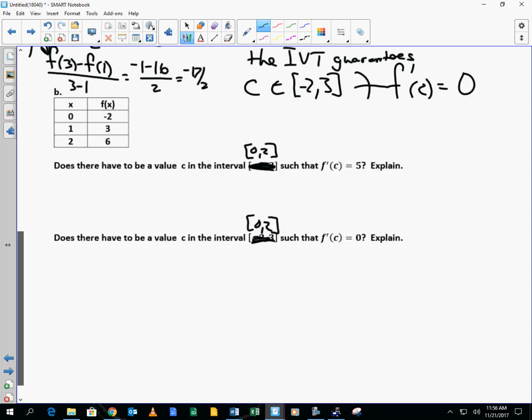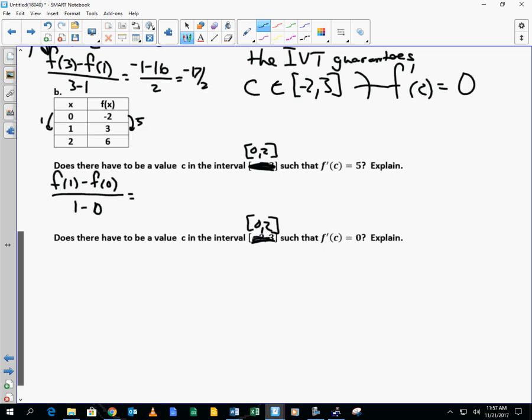Why? Right there, right? As I increase by 1, I go up 5, right? So I didn't use the entire interval 0 to 2, but I used 2 points in that interval to come up with the average rate of change being 5, right? So f of 1 minus f of 0 over 1 minus 0.